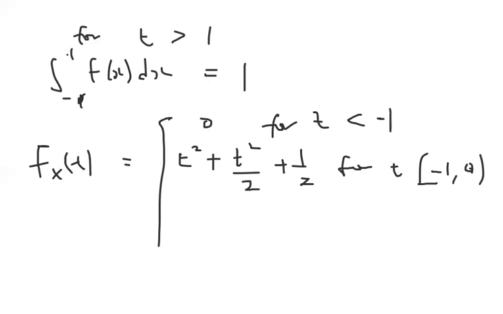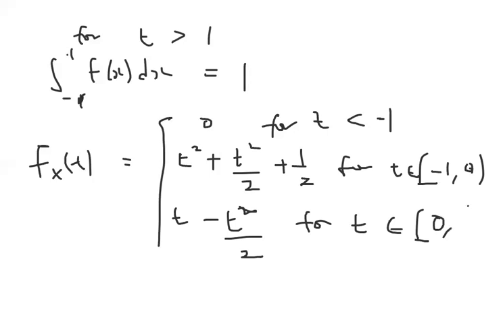The next one becomes t minus t squared over 2 for t belonging to 0 and 1 not inclusive, and then 1 for t greater than 1. So this is the distribution. When you're asked to calculate the distribution, this is how you do it.